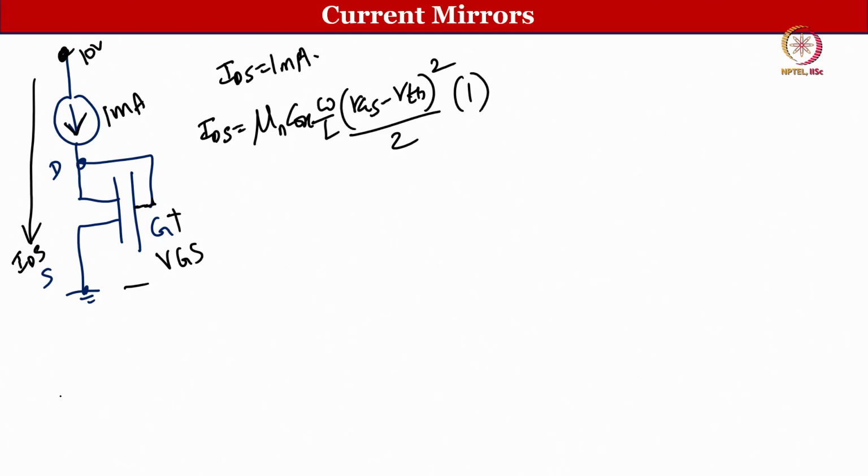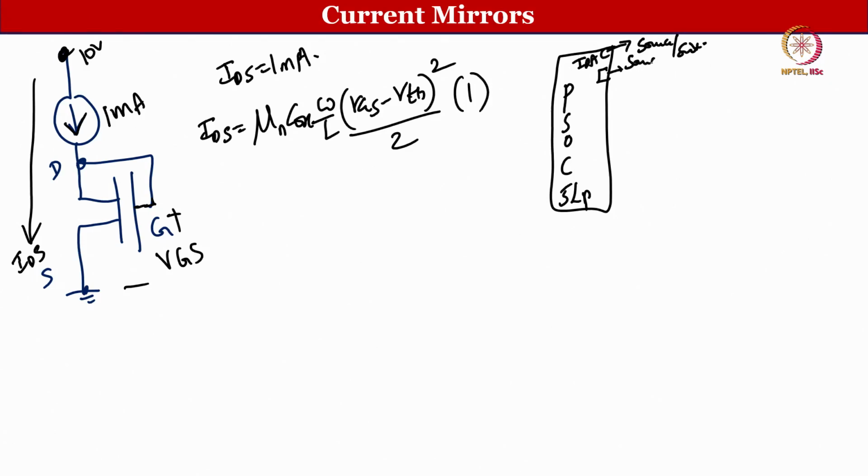Right. Now, the PSOC 5 LP microcontroller that we have has an IDAC pin, and I can program it as a source or a sink. Let us say this is acting as a sink or source with 1 milliampere output current.